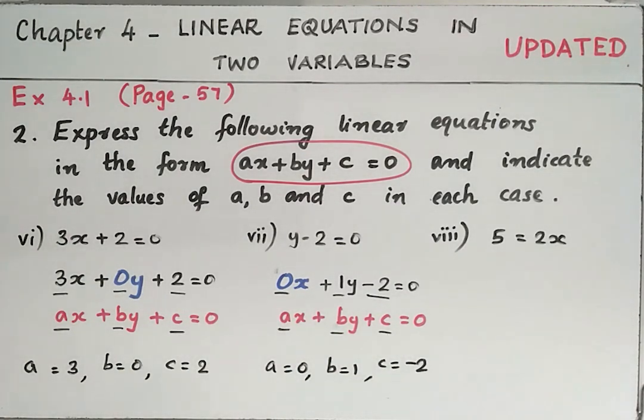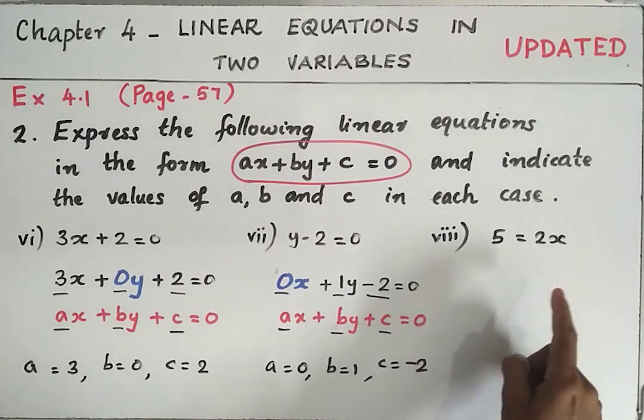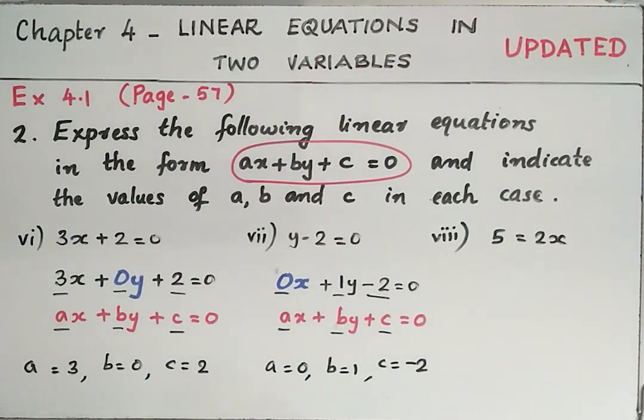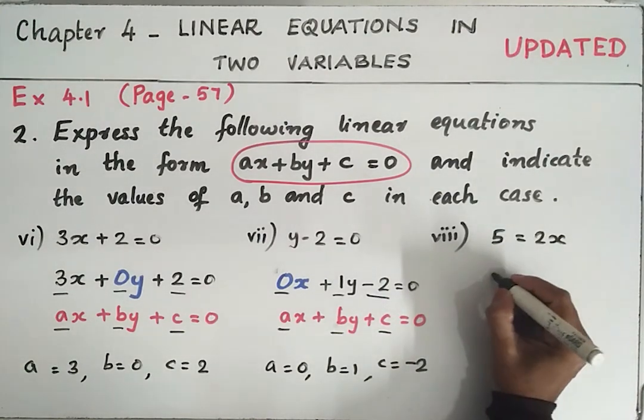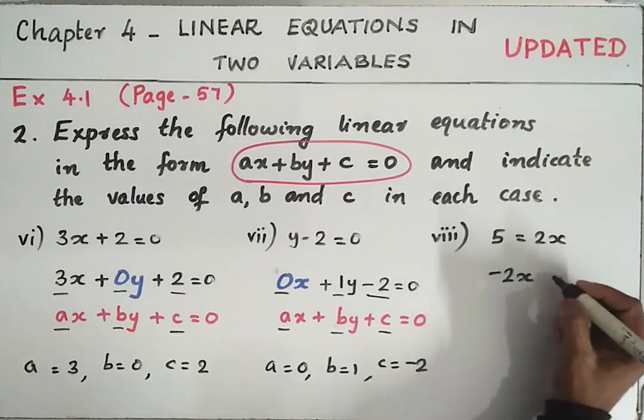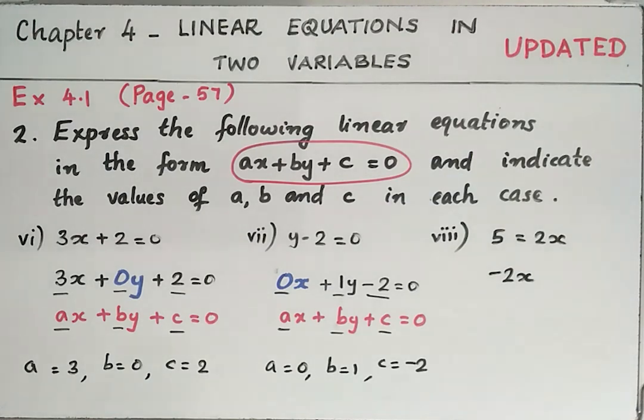Now look at this one. Here the x term is on the right side of equal to sign. What we need, the right side of the equal to sign must be 0. So we can rearrange this 2x. After transposing it will be minus 2x and the y term is missing.